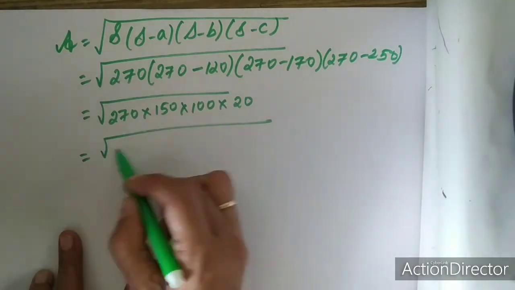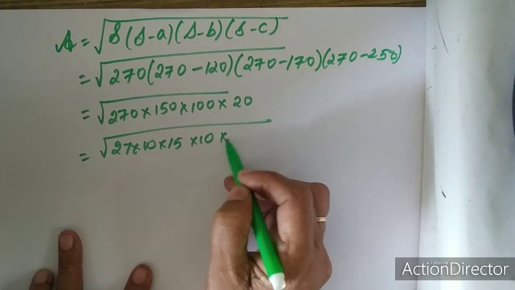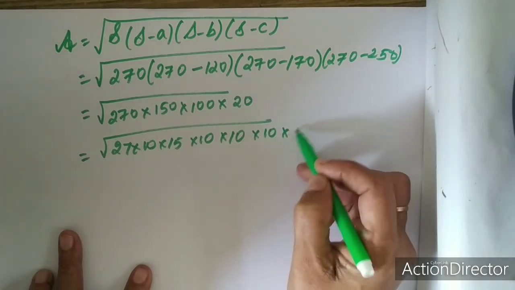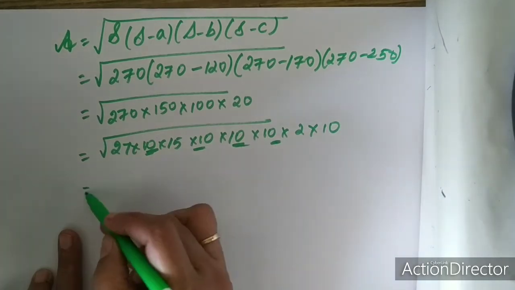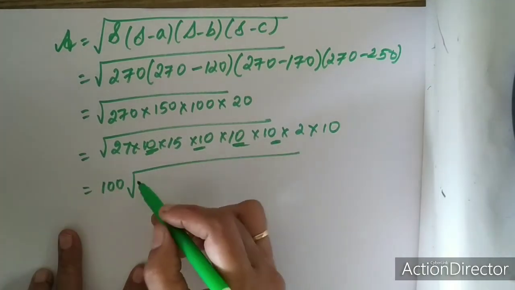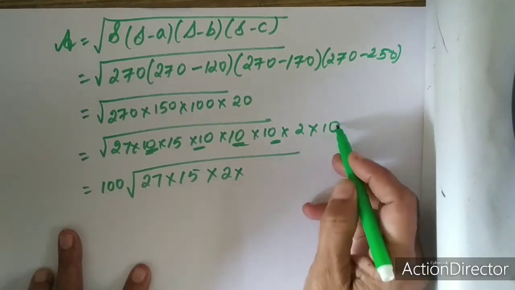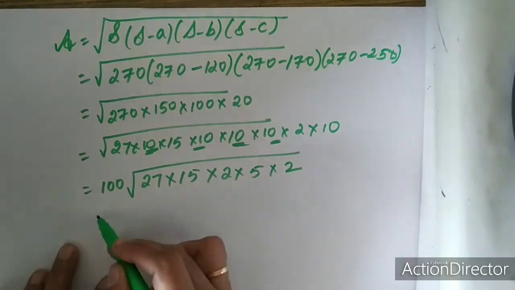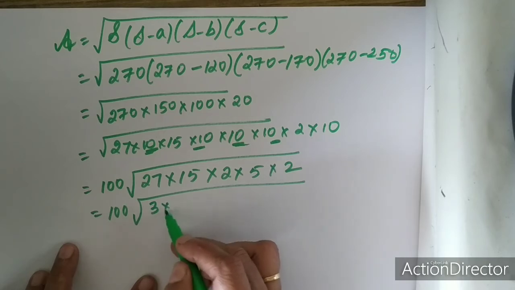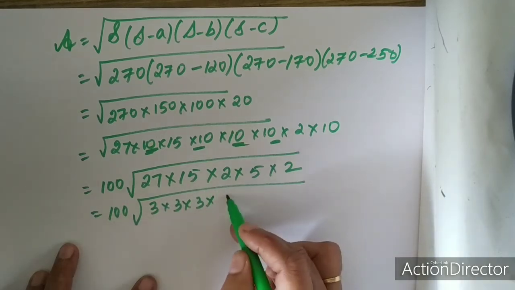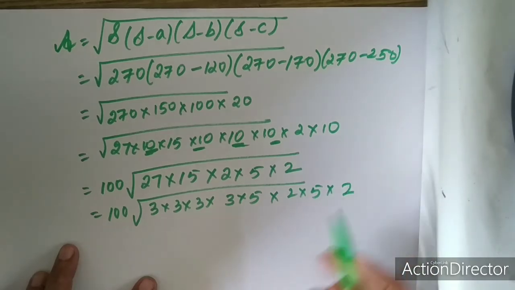So this can be written as 27 into 10, 15 into 10, 10 into 10, 2 into 10. So you are able to see how many times 10 you are having here? 4 times. So 100 I can take out, and left out is 27 into 15 into 2. This 10 can be written as 5 into 2, and again 100 into this 27 can be written as 3 into 3 into 3. 15 can be written as 3 into 5, and 2.